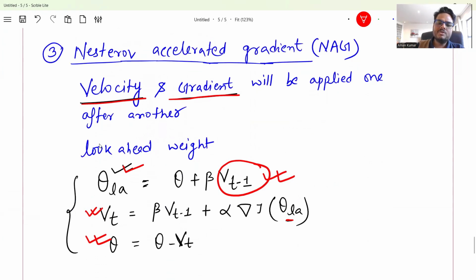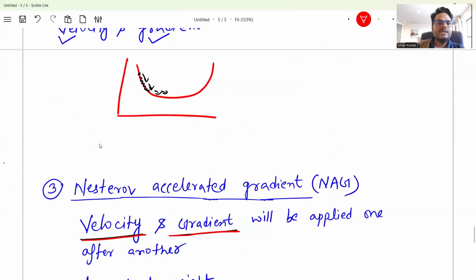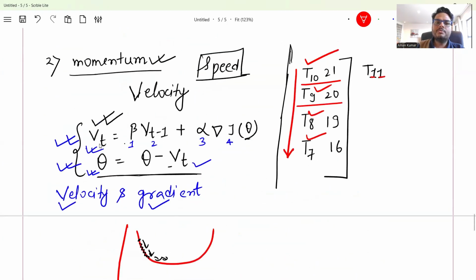So NAG helps in those situations where there is a risk of overshooting, a risk of slower convergence, or a risk of not reaching the optimal minima.